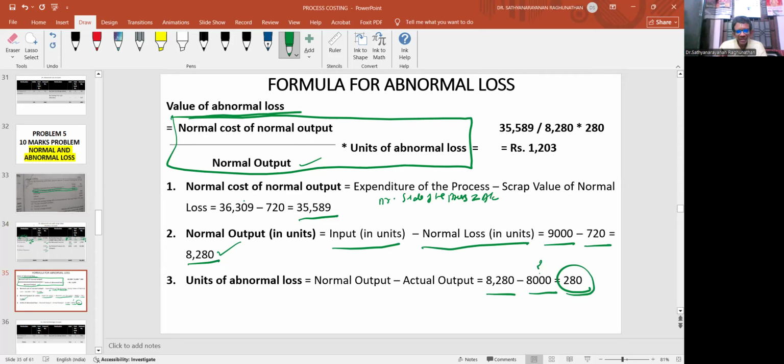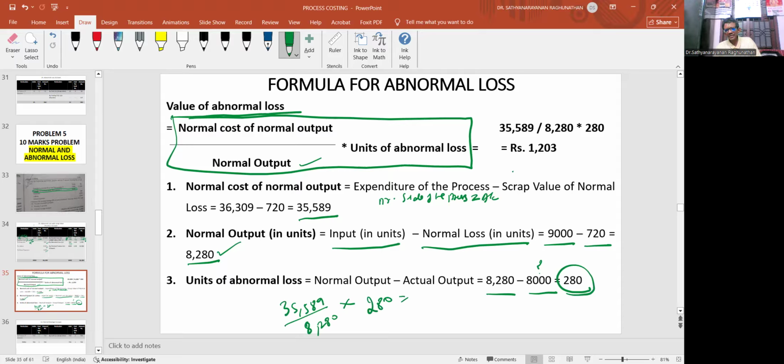Have you calculated all the three components? Now you just substitute. You will be calculating the value of abnormal loss. Normal cost of normal output 35,589 divided by normal output 8,280 into units of abnormal loss 280. Check with the calculator.